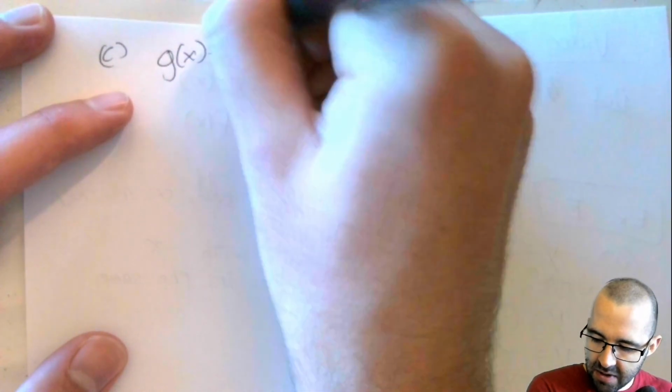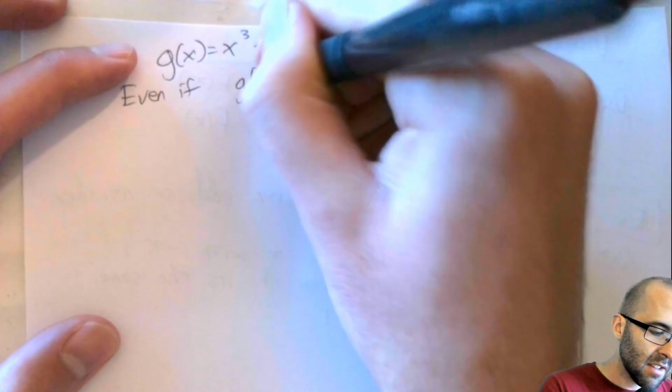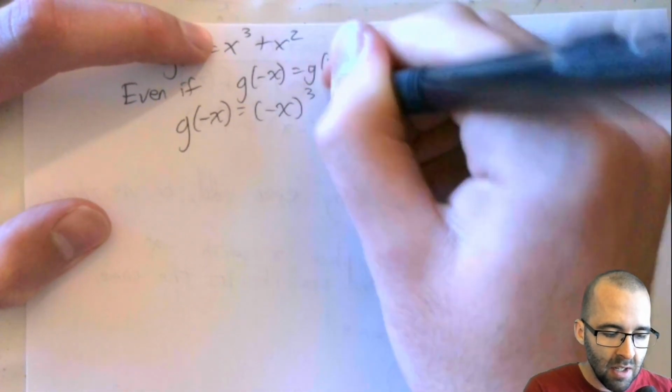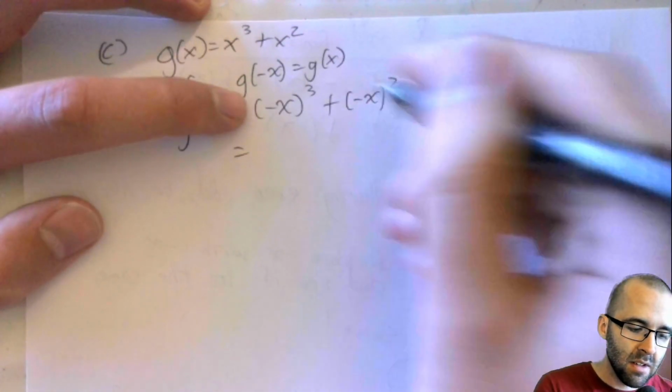If I look at g of x equals x cubed plus x squared, let's check even. Remember, even if g of negative x equals g of positive x. So g of negative x, replace all those. Negative x cubed plus negative x squared, and we can simplify this a little bit.